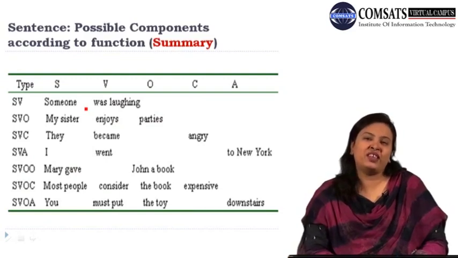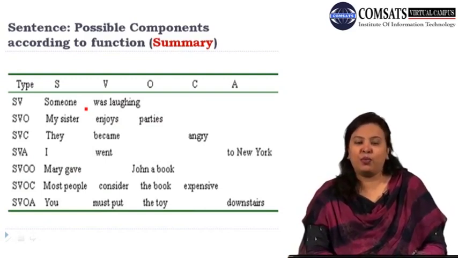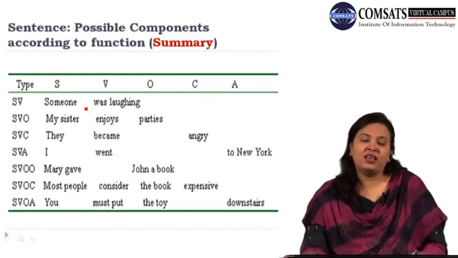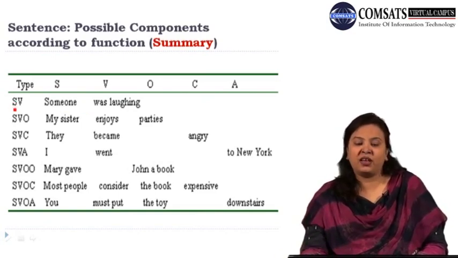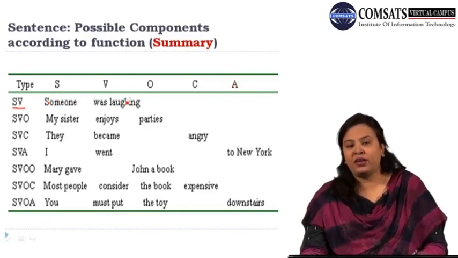Now to give you a brief summary of the possible components of sentences according to function. The first type is subject and verb; here I have subject, verb, object, complement and adverb. Over here, someone was laughing.